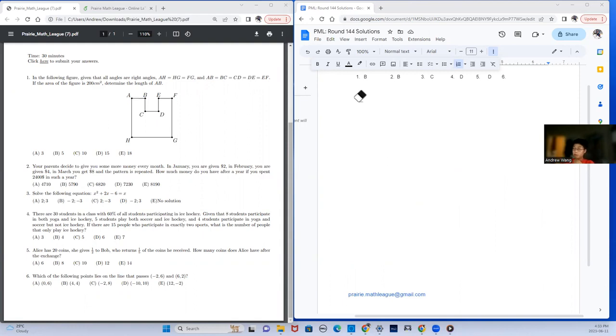Which of the following points lies on the line that passes through points -2, 6 and 6, 2. So for this question, we're going to need to know the equation of the line, and I'll quickly write that out. It is basically y equals mx plus b.